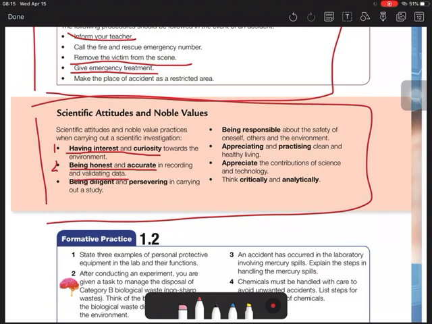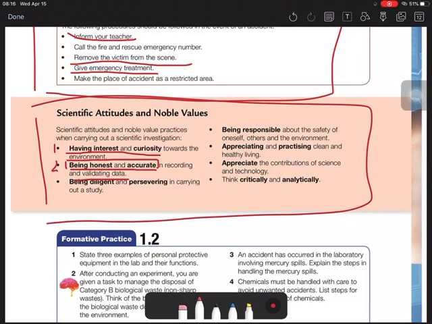Sometimes you're very tempted to falsify your data because this data does not look correct. You think, I should tweak this data a little bit, change the numbers a little bit. Don't do that. A good scientist is always honest in recording their data, even though it's wrong and does not prove their hypothesis.